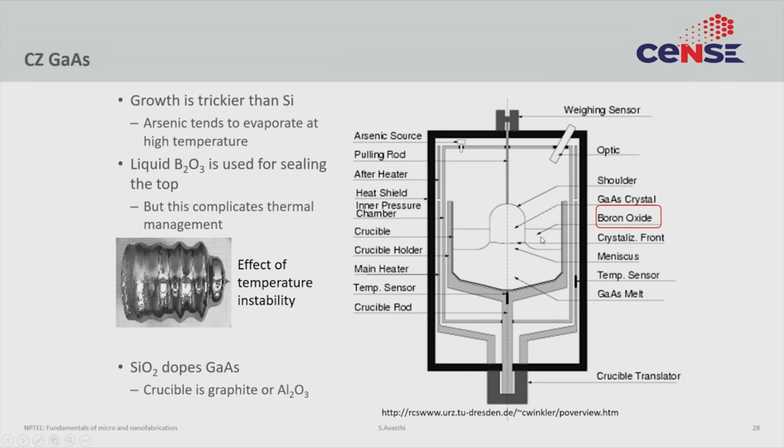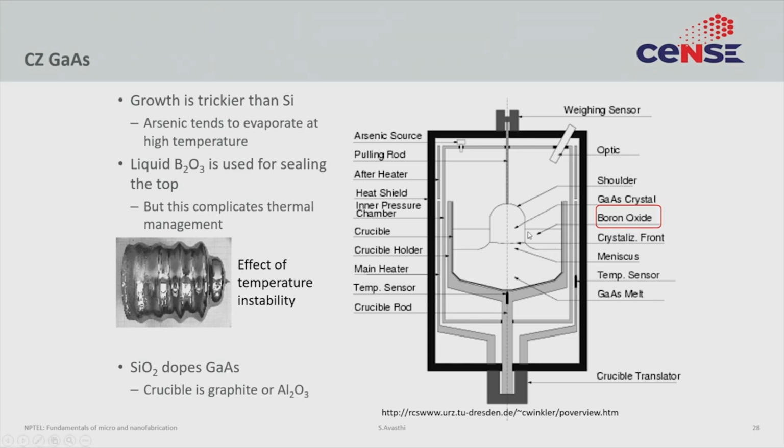Now, this solves the problem of arsenic leaving. So, the stoichiometry of the melt remains the same. However, it adds a problem, and that problem is that the thermal management becomes remarkably hard. Heat is lost at this boron oxide interface. It becomes very hard to control the area. So, you end up making ingots that look like this.